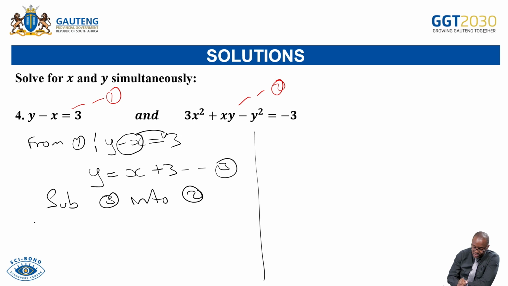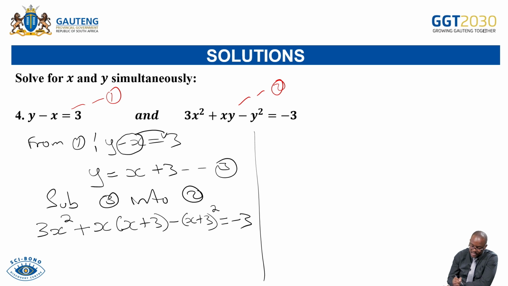So equation 3, you can see that we have 3x squared plus x into y, which is x plus 3, minus (x plus 3) squared is equal to minus 3. So that's what we are having there.